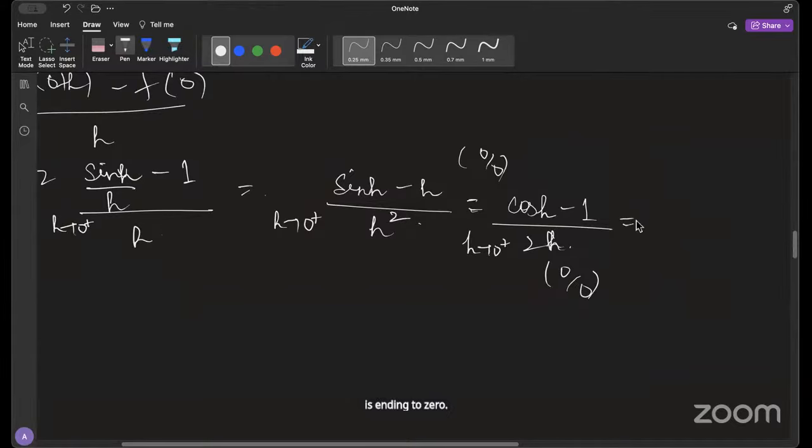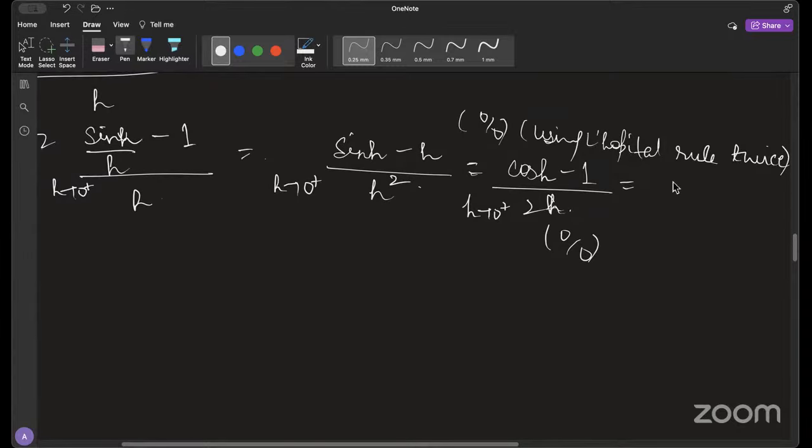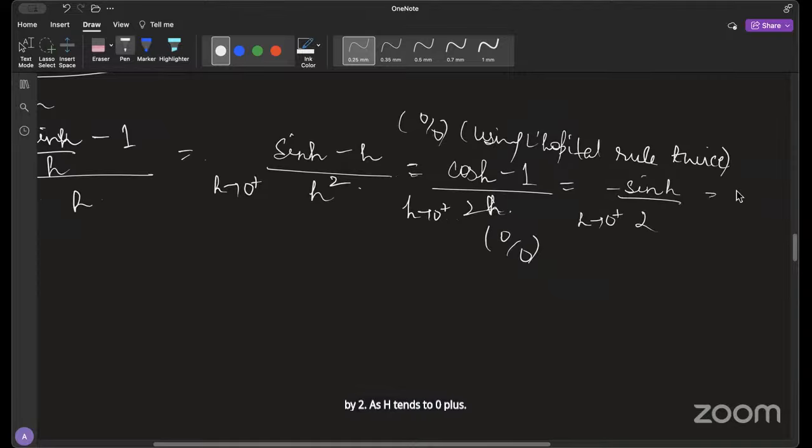So let's use L'Hopital's rule one more time. This will give you minus sin h by 2 as h tends to 0 plus. And this is 0, right?